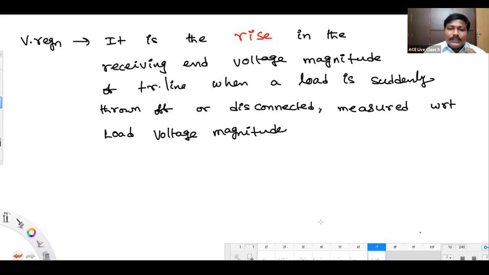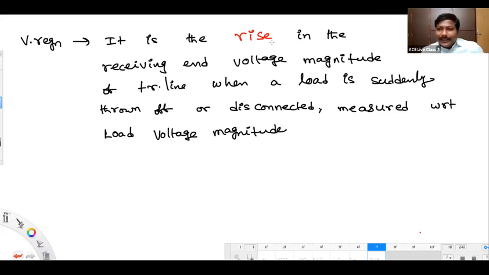You should understand it this way: already the line is operating with some load, having a certain voltage at the receiving end. Now that load was suddenly thrown off and the voltage changed. How much is the rise in the voltage after disconnecting the load? That magnitude change with respect to load voltage magnitude is the voltage regulation.